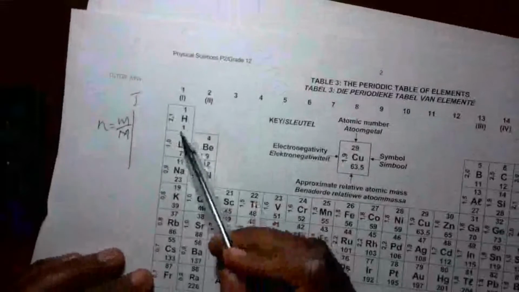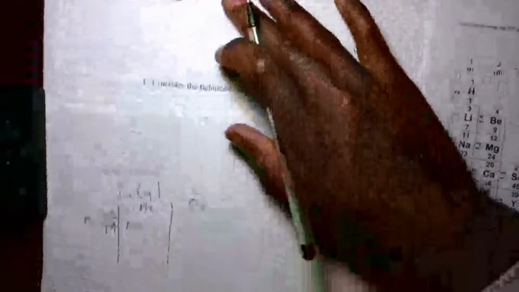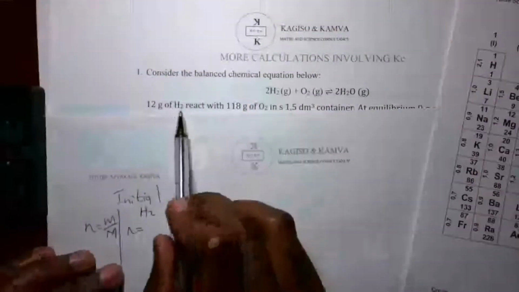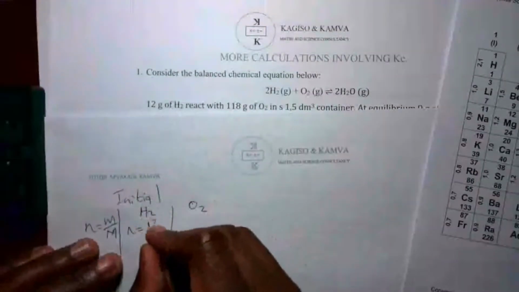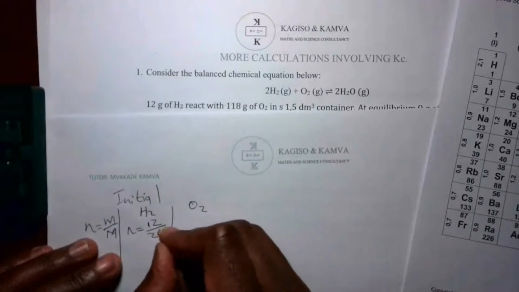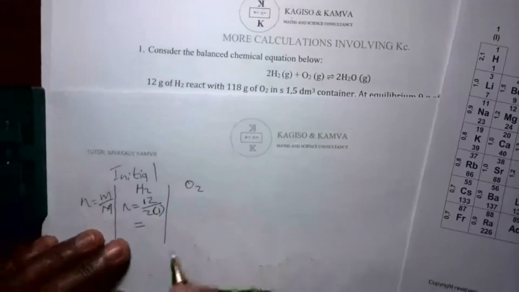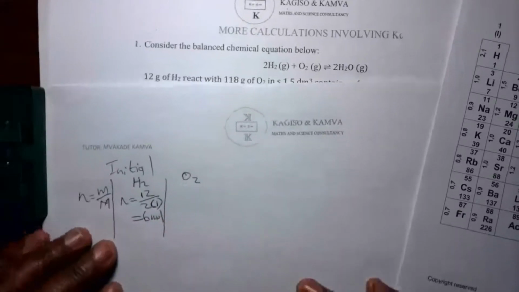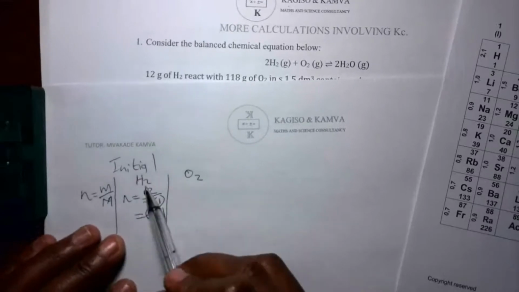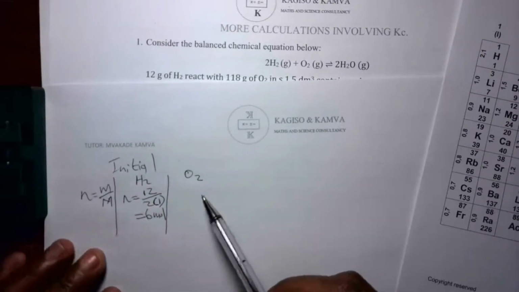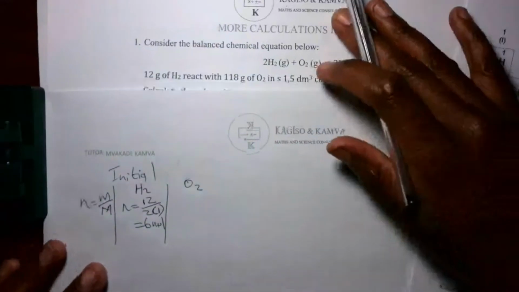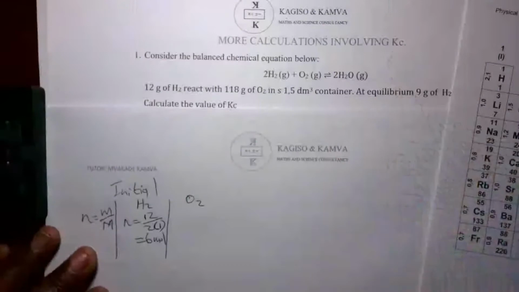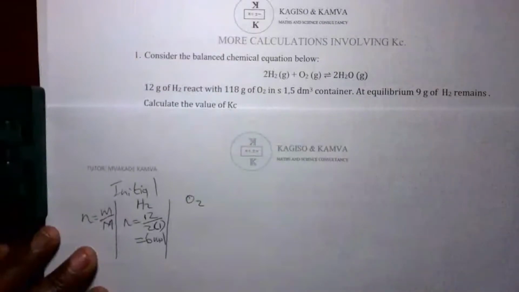It's 1. So n is equal to the mass of H2, 12 grams, over 2 times 1. This is going to be 6 moles initially for H2. We are not provided with the amounts in moles, but in mass, so we have to convert that mass to moles.